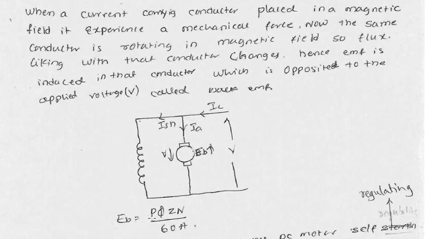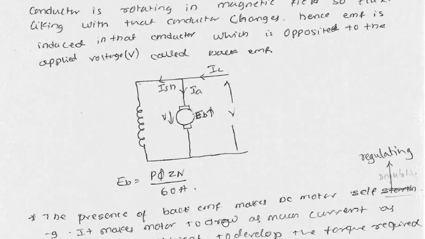Eb = PφZN/60A, where P is the number of poles, φ is the flux per pole, Z is the total number of conductors on the armature, N is the speed of the armature, and A is the number of parallel paths. Based on the type of winding, for lap winding A = P, and for wave winding A = 2.